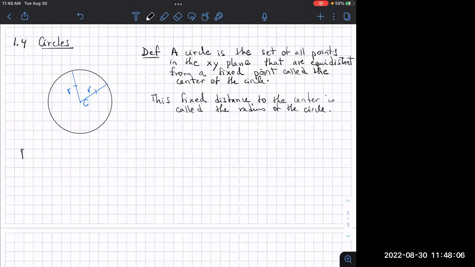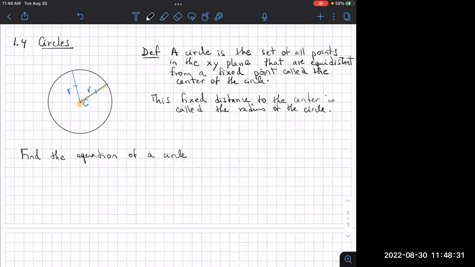So now we're going to find the equation of a circle. There are two things that we need to define a circle. One is the center, and the other one is this fixed distance.